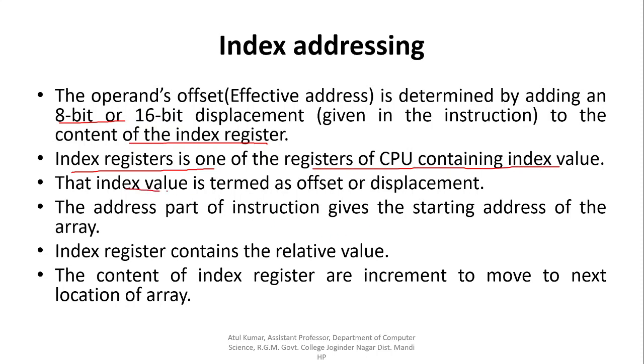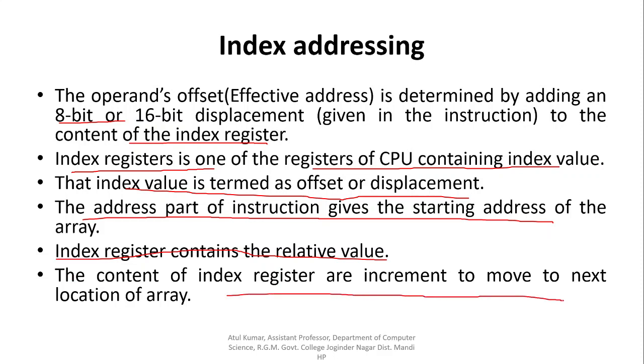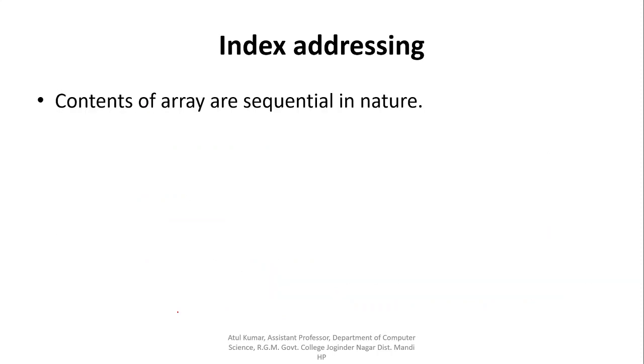That index value is termed the offset or displacement. The address part of the instruction gives the starting address of the array. The index register contains the relative value. The contents of the index register are incremented to move to the next location of the array. The contents of the array are sequential in nature.